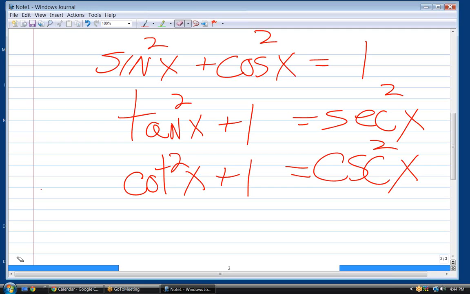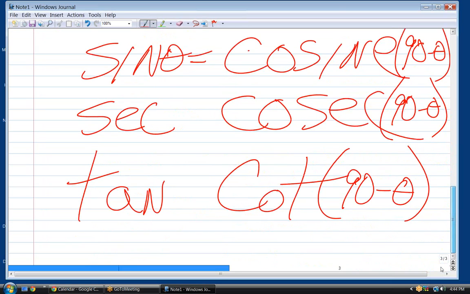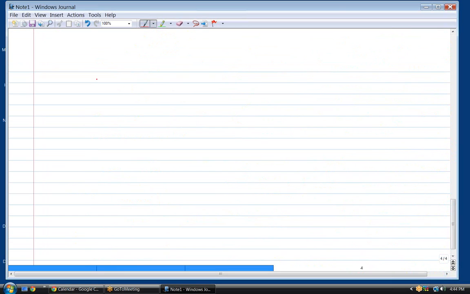You have to memorize the first 3 reciprocal, and if you use that co-pair thing that I said, then you really only have to memorize 1, and that's tangent. And you only have to memorize this one and this one of the Pythagorean, and then the last 2 are the quotient identities.